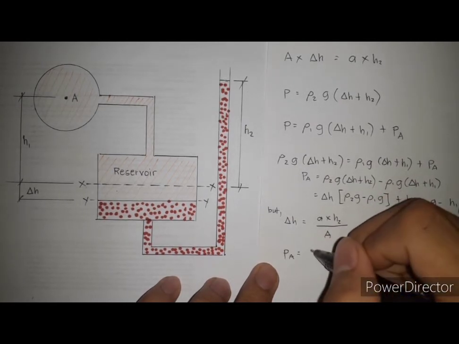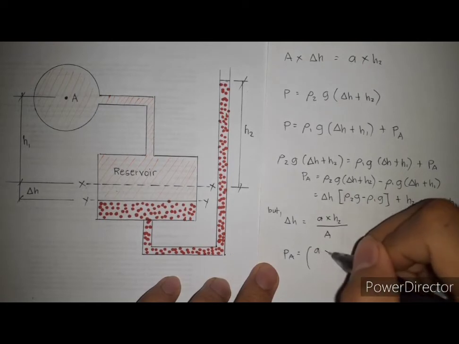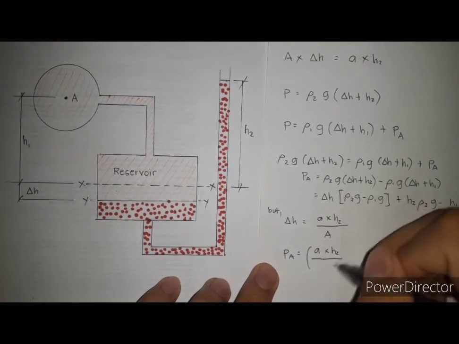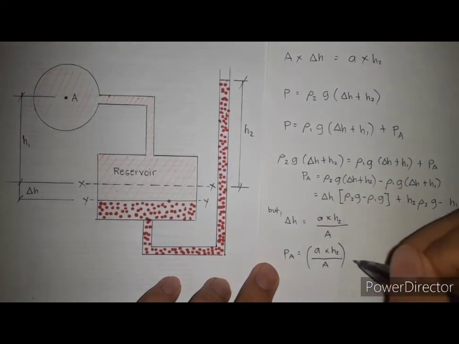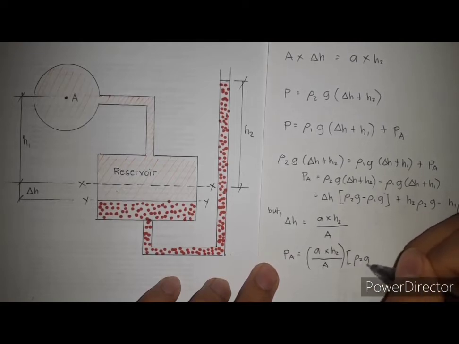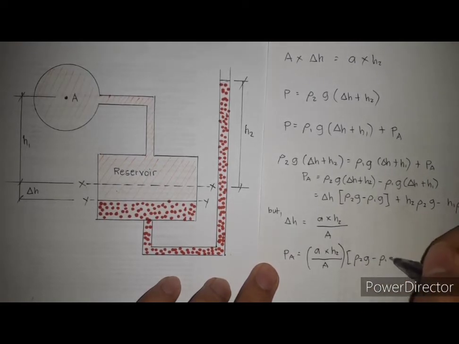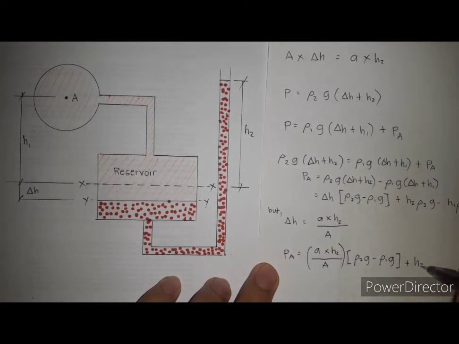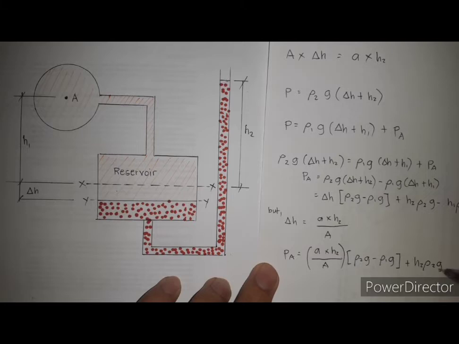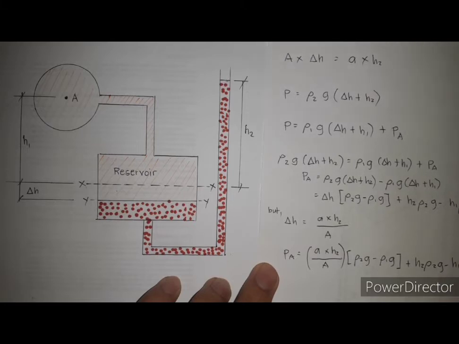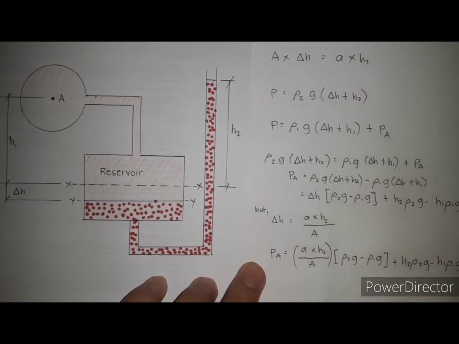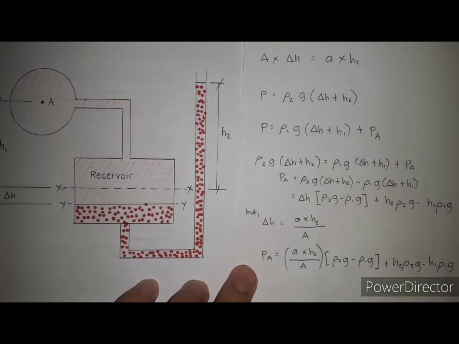Pressure at A equals (a times H2 over A), pinalit lang natin sa delta H, times (density 2 G minus density 1 G) plus H2 times density 2 G minus H1 times density 1 G.